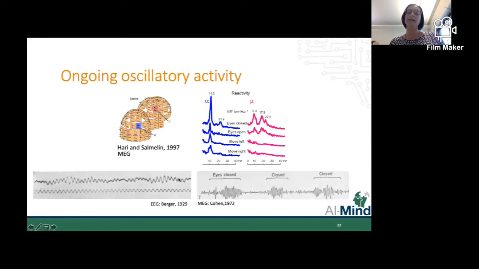These are clear signals that show up as soon as you start measuring. And with MEG, the first signals were measured in 1972. And here you can see how these 10 Hertz alpha activations are modulated when you are opening or closing your eyes.